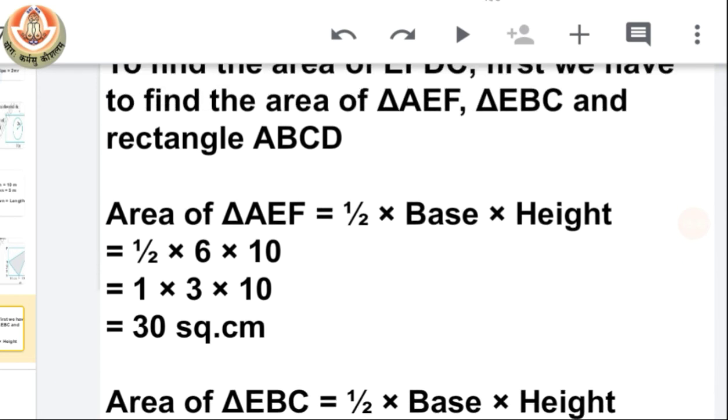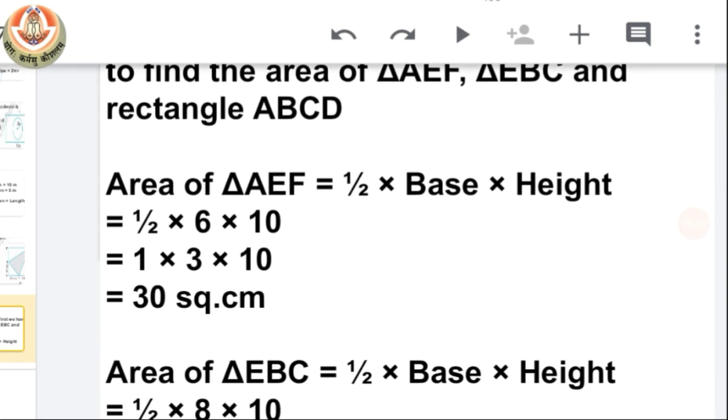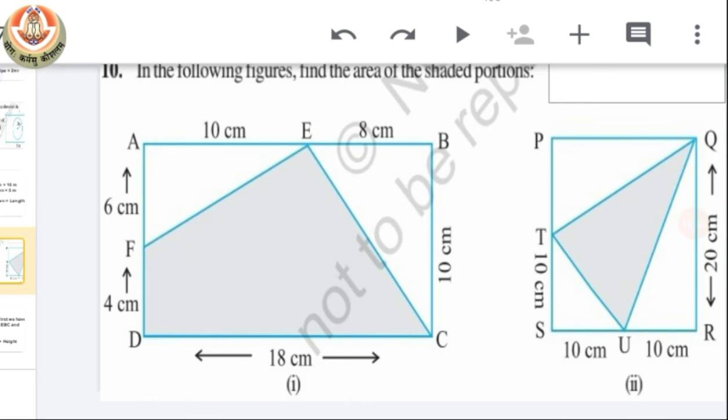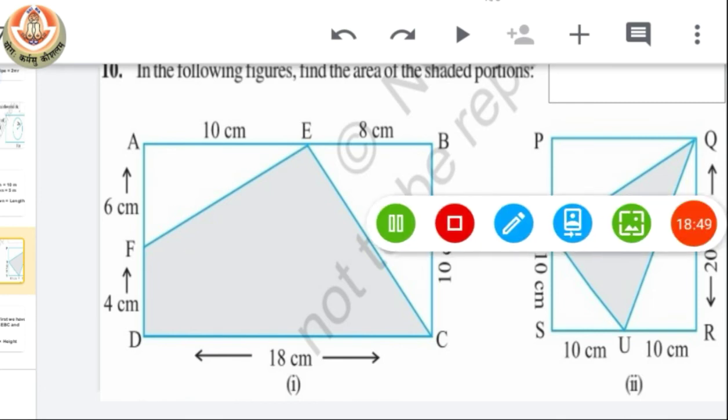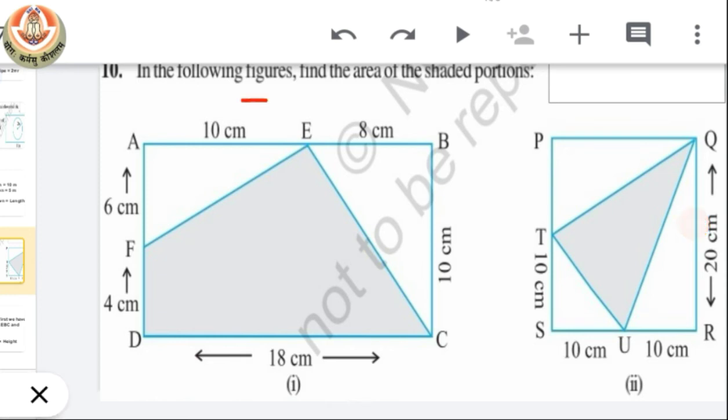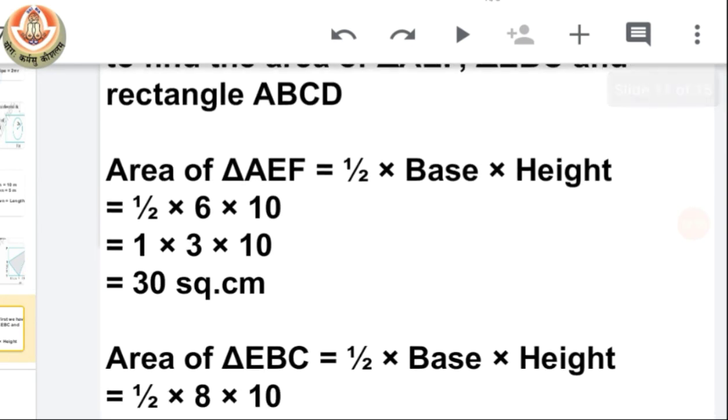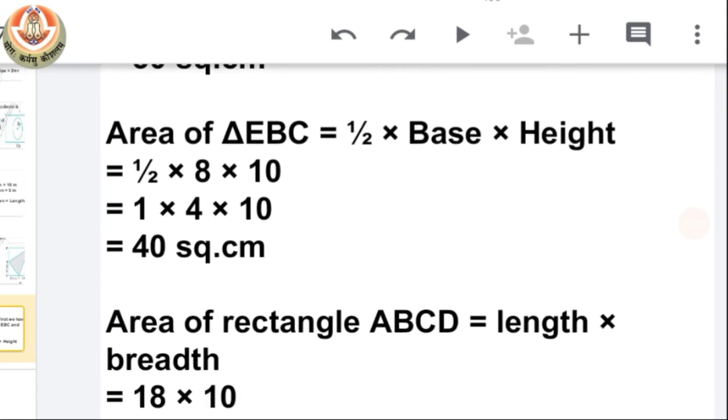So the area of AEF. For AEF we have 10 and 6 dimensions. So we can take any of them as base and any of them as height. So the area of AEF is half into base into height, that is half into 6 into 10. So our answer is 30 centimeter square.